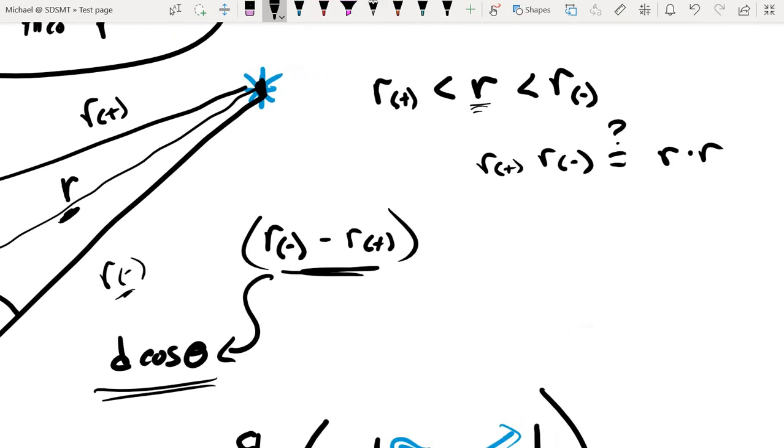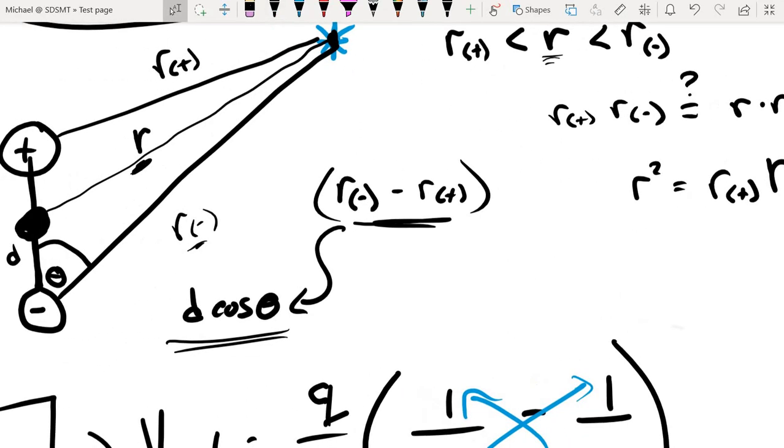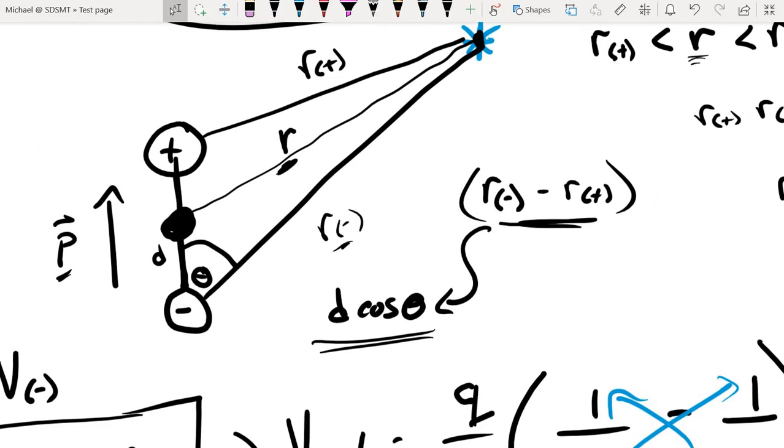And so if we were to just take the average length of the two and multiply that against itself, well, then we could make the assumption that the product of R positive and R negative is just equal to the squared value of R. And that is the value that is measured from the center of the dipole.